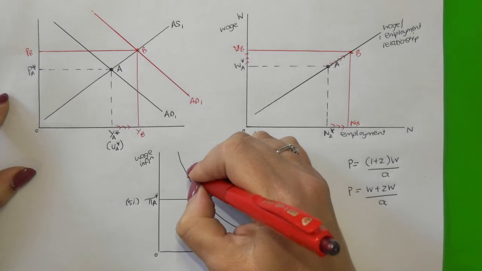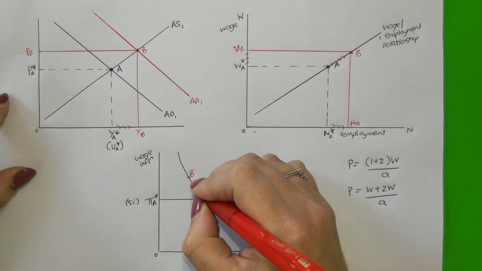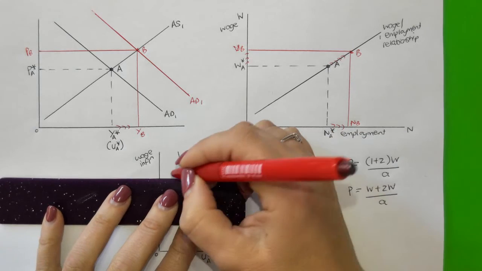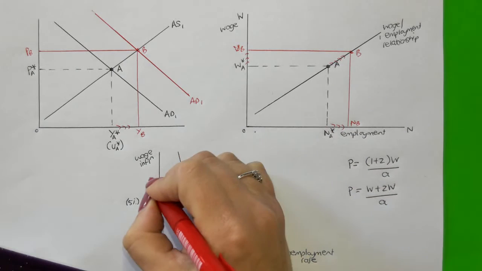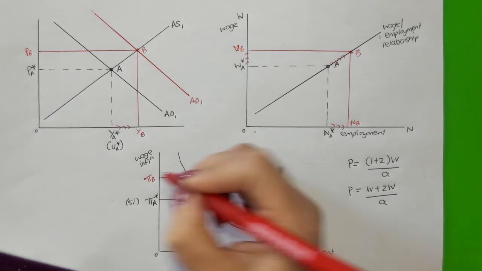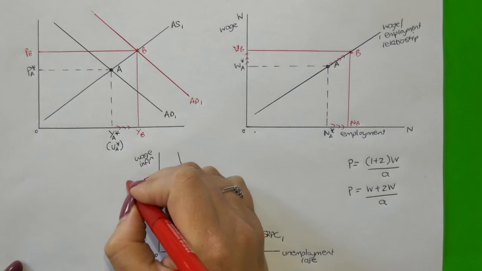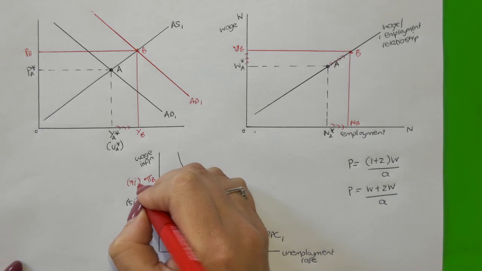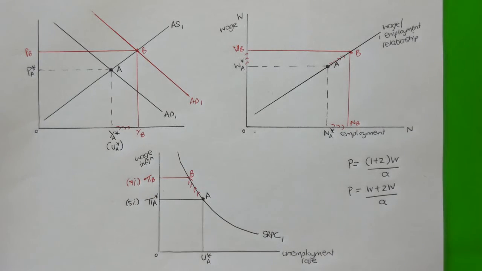So we show that as an upward movement along the Phillips curve, and we can draw in or mark off what the higher rate of inflation is. Let's just say that that rate of inflation is now 7%, say.